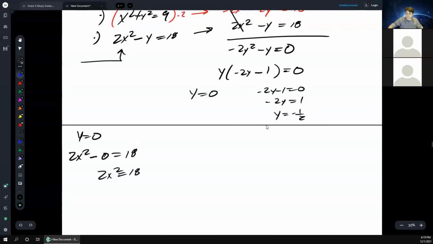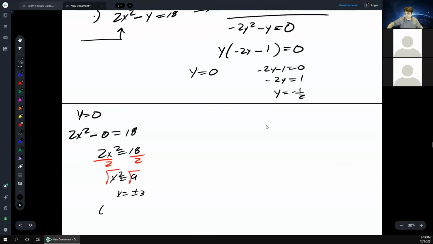And then to finish this up, we're going to divide by 2. So x squared equals 9. And if we take a square root, we get x is equal to plus or minus 3. So from here, we get 2 points, which is 3, 0 for the first x, and negative 3, 0 for the second x.